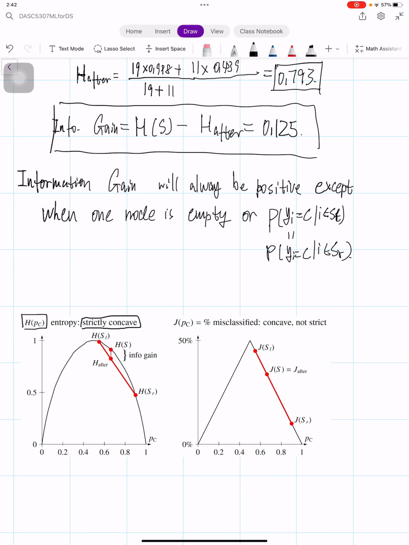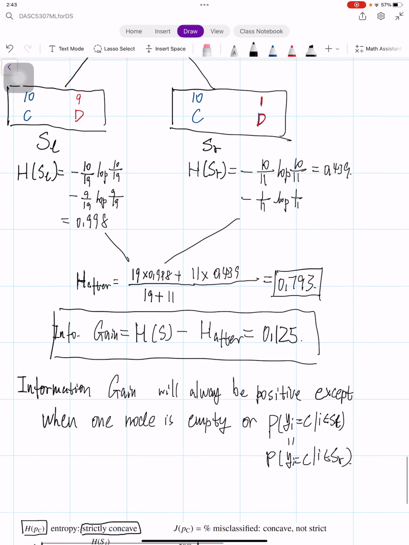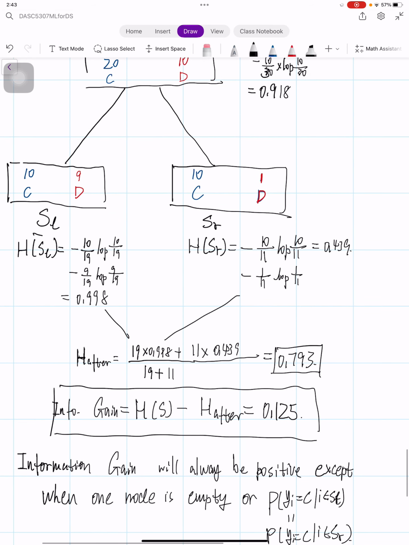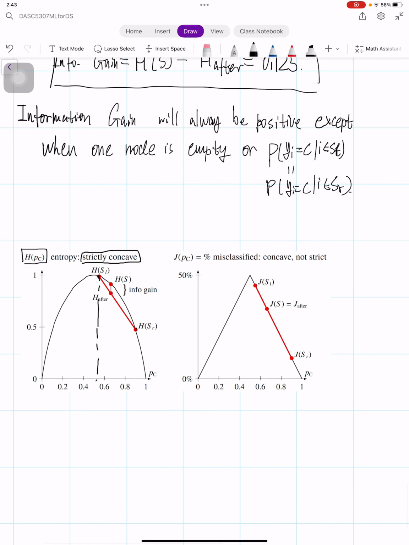Strictly concave means, suppose we have two splits here, split 1 and split 2. This is S L, left node, right node. Suppose this is the left node, the proportion is 0.5 something, and the node on the right-hand side has its own proportion P C.